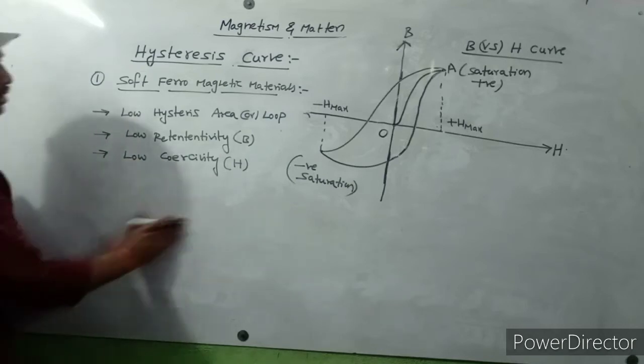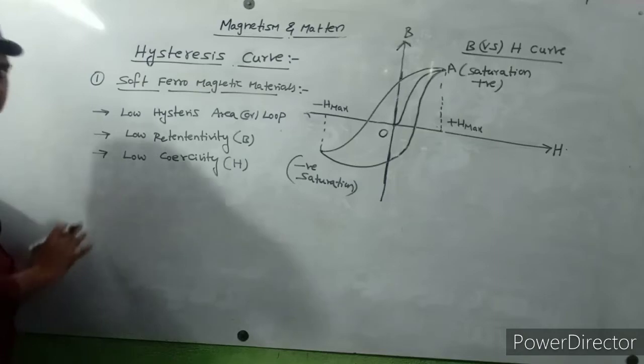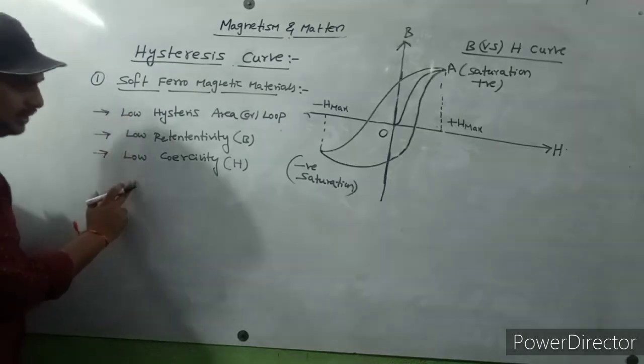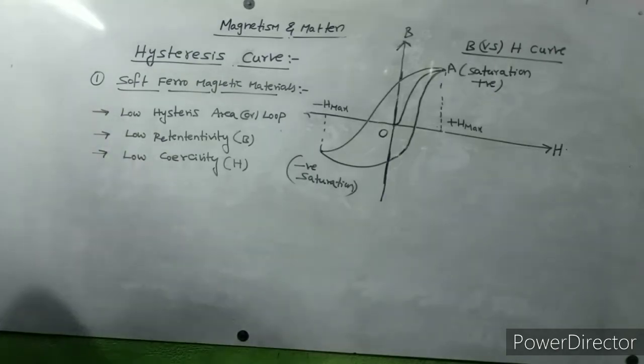If ferromagnetic materials have low hysteresis area, low retentivity, low coercivity, then those materials are called soft ferromagnetic materials.